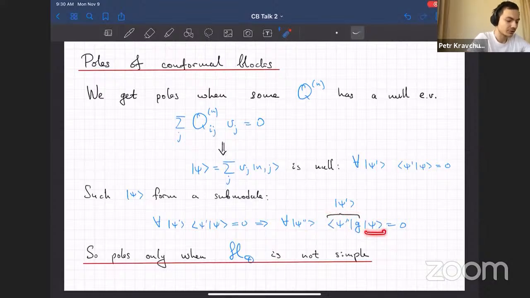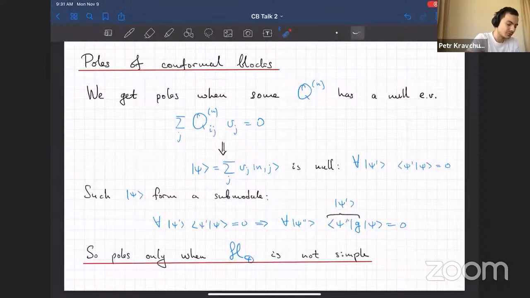Since our psi is orthogonal to all states, it's kind of straightforward. So it's clear that G psi is also going to be orthogonal to everything. It's basically the statement that the inner product is an invariant form. So whenever we have a pole, we have null states, and these null states form a submodule.